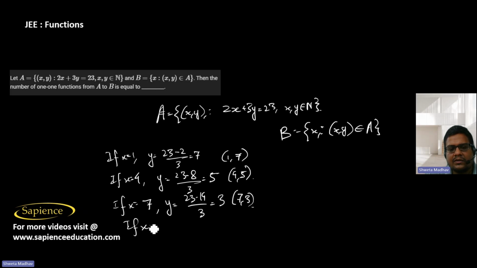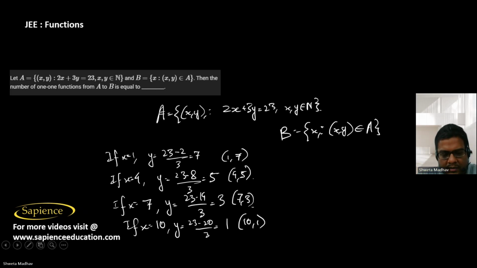Then if x is equal to 8, 8 twos are 16, then this is 7, we cannot take. 9 twos are 18, 5, then we cannot take. x equal to 10 we can take, then y will be 23 minus 20 by 3, so that is 3 by 3, that is 1. So 10 comma 1 also we can take. So only these four ordered pairs we can take.